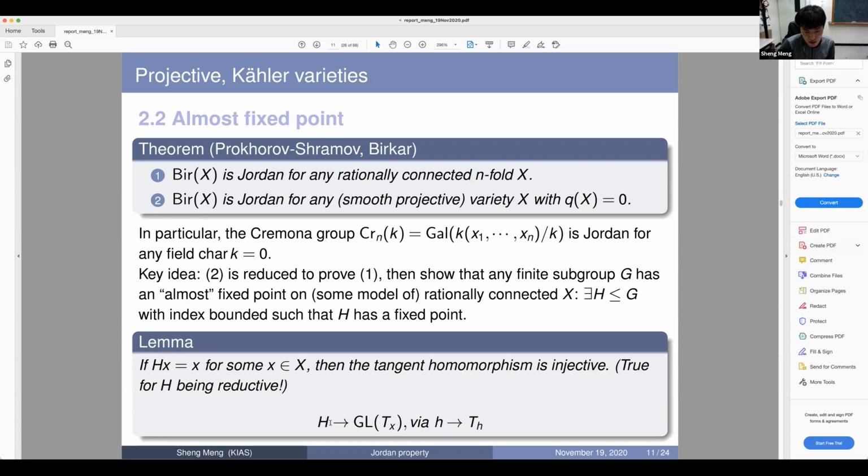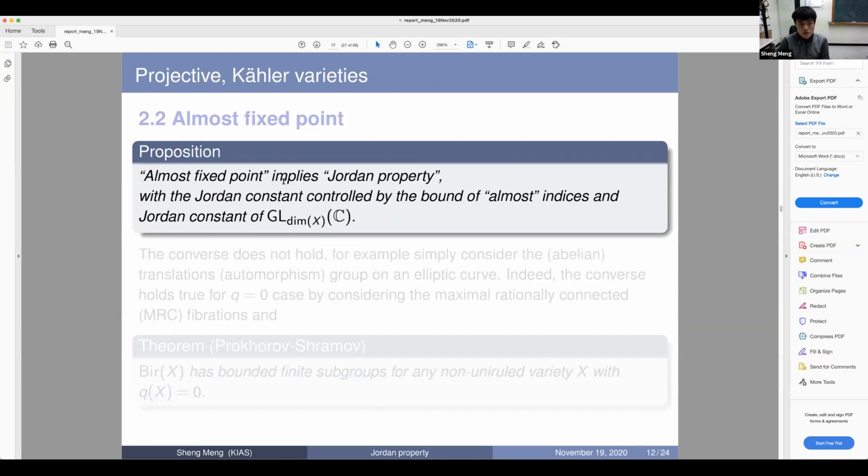Since H is finite, this tangent map is injective. In this way, you can see that almost fixed point implies the Jordan property, and the Jordan constant can be controlled by the bound of the almost index and the Jordan constant of the general linear group.